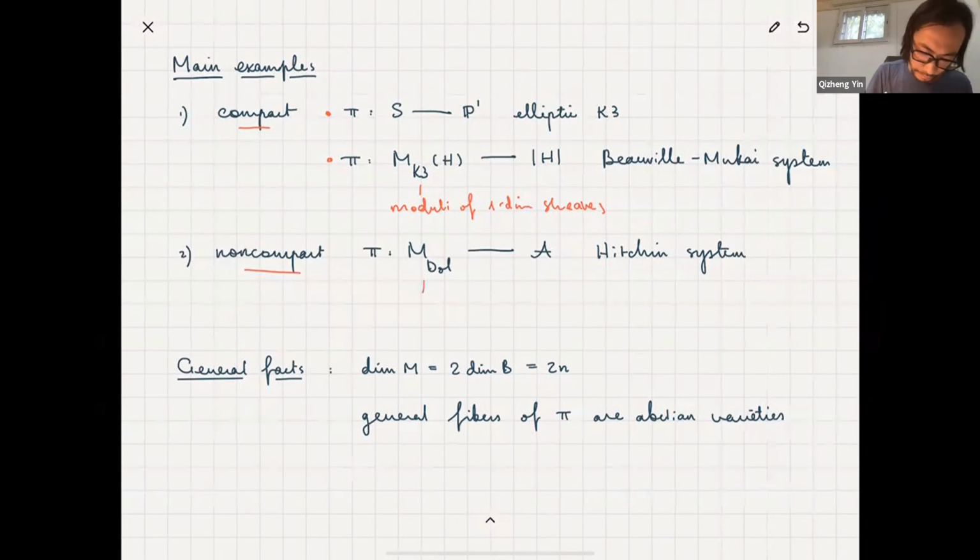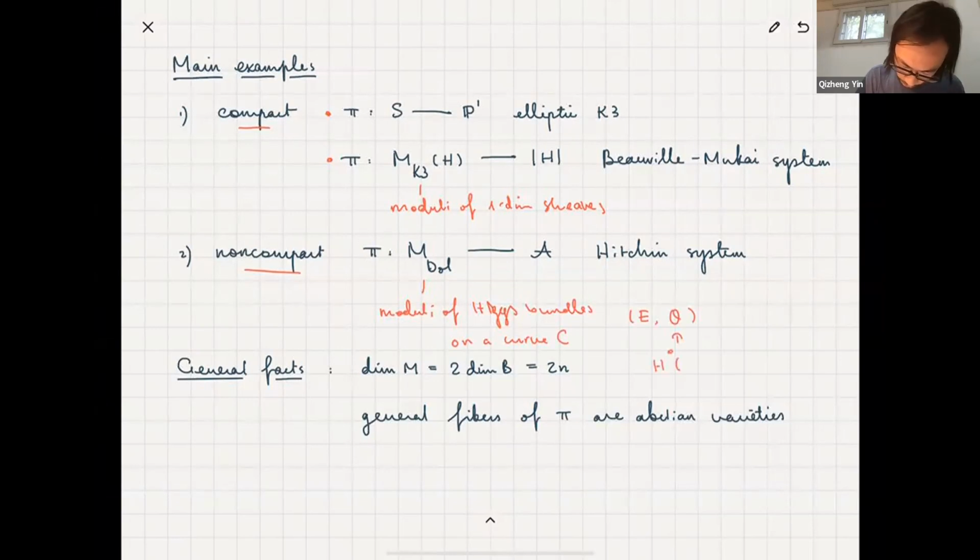This time, M will be the moduli of Higgs bundles on a curve C. A Higgs bundle is a vector bundle E together with a so-called Higgs field, which is a one-form with coefficients in the endomorphisms of E.